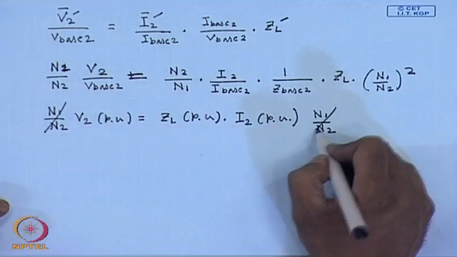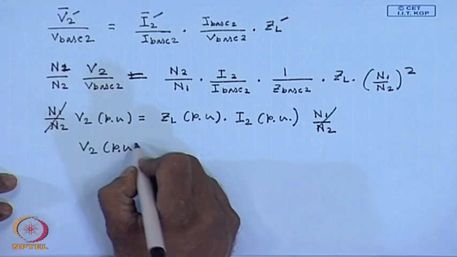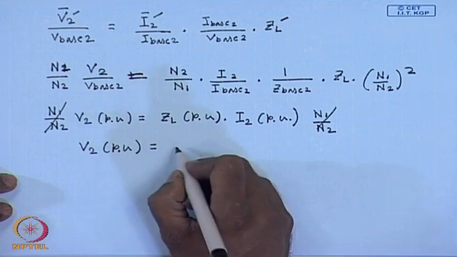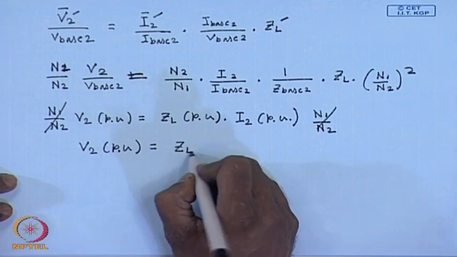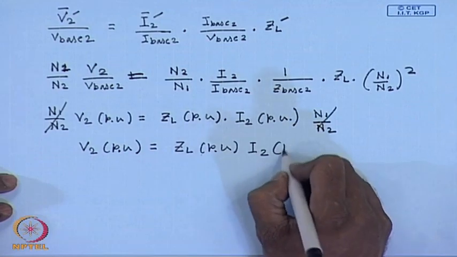Cancelling n 1 by n 2 from both sides, we have the per unit relation V 2 per unit equal to Z L per unit into I 2 per unit.